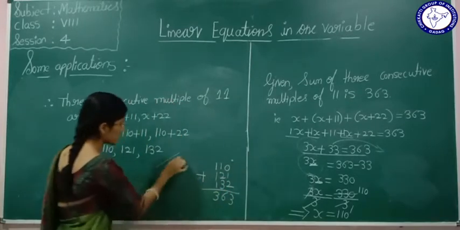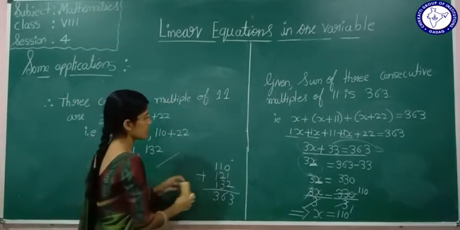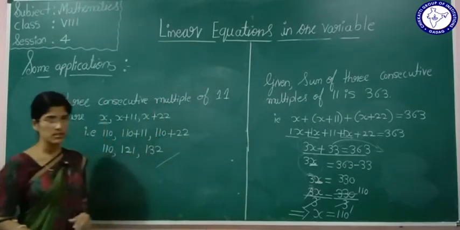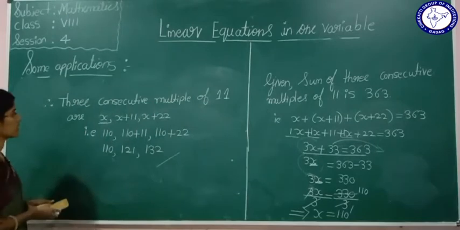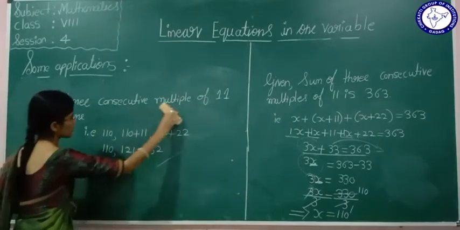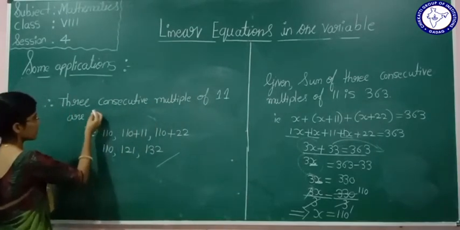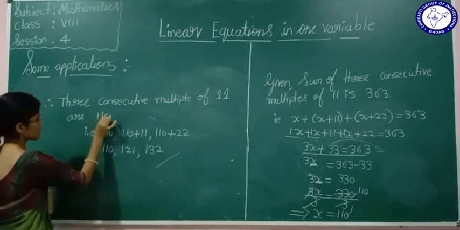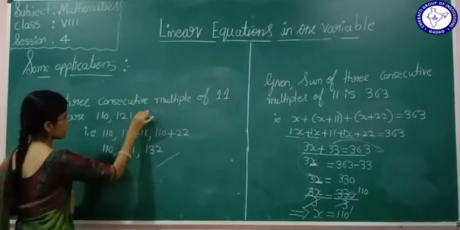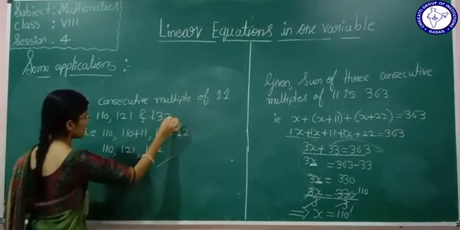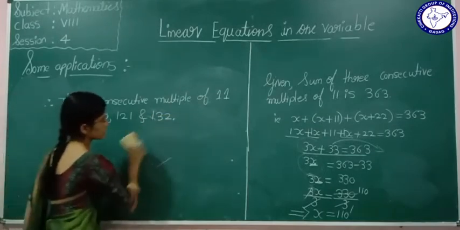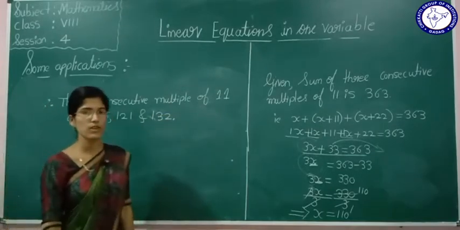We got 363, no? It means we have done it correct. Okay. What did we get here? The three consecutive multiples of 11 are 110, 121 and 132. So this is the answer for the 5th one.